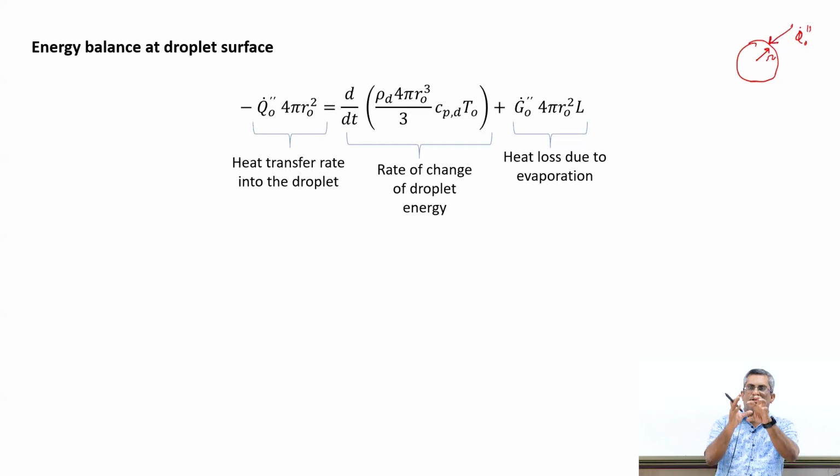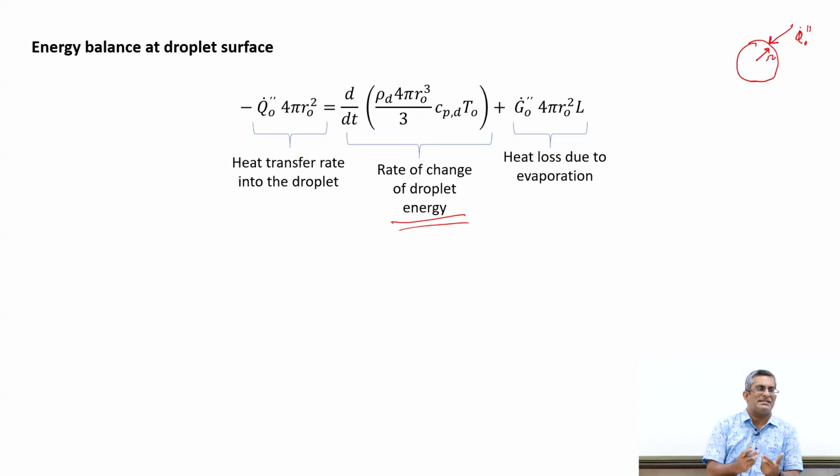that is, heat is transferred to the droplet, and that is equal to the rate of change of internal energy of the droplet, which is nothing but d by dt of mCt, plus the heat loss due to evaporation.